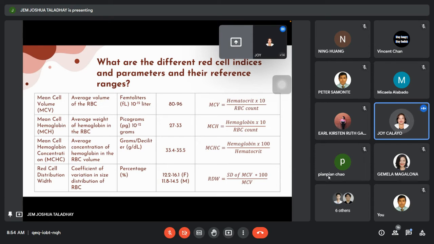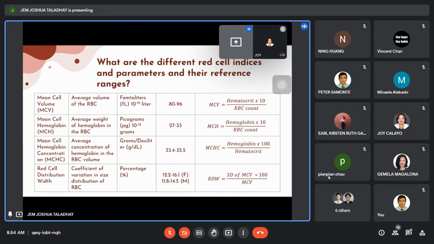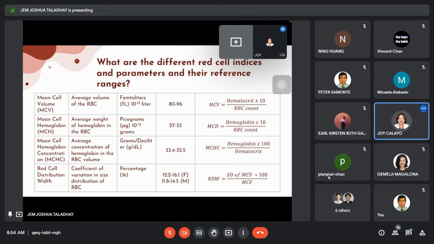Okay, so the role of zinc in iron deficiency was also discussed. Is it more of a competitive binding, Sir Jem? For the zinc, is it competitive binding with iron in iron deficiency anemia?